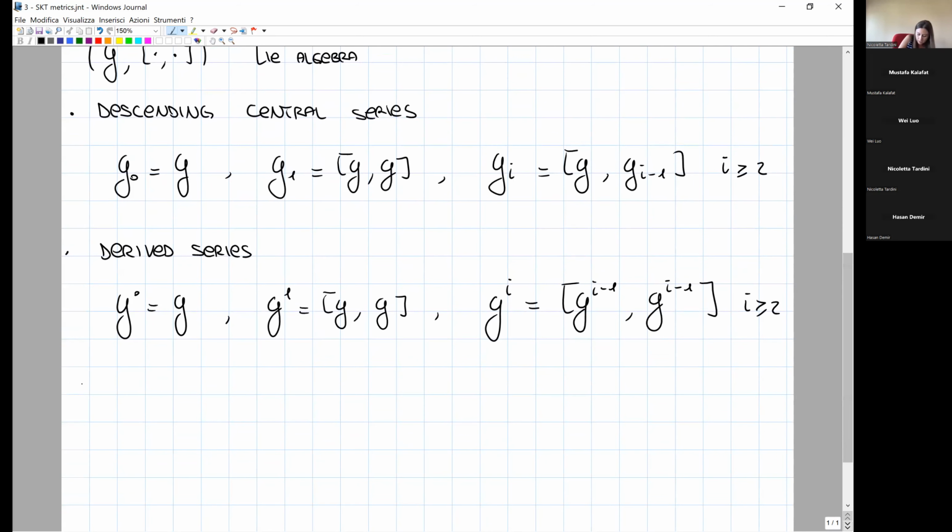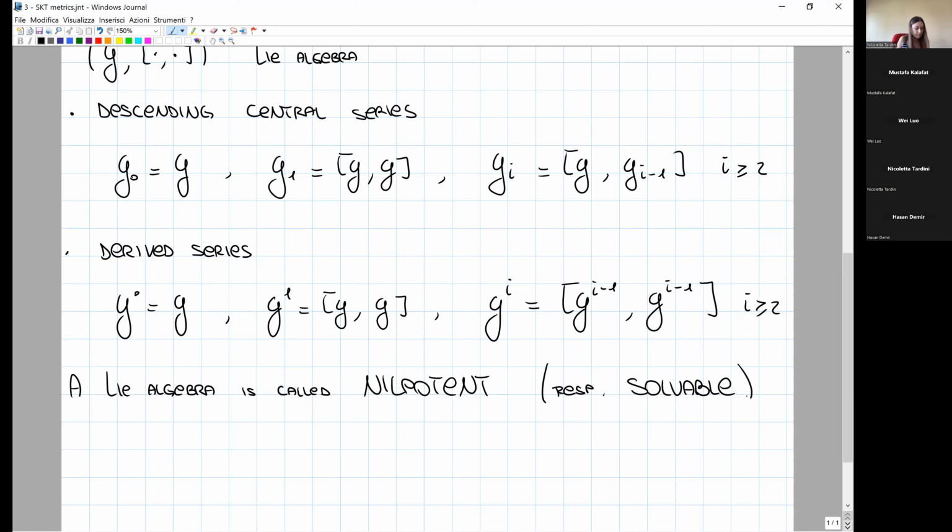Okay, so a Lie algebra is called nilpotent, or respectively solvable, if there exists K a natural number such that in the nilpotent case, the descending central series vanishes at step K, okay?